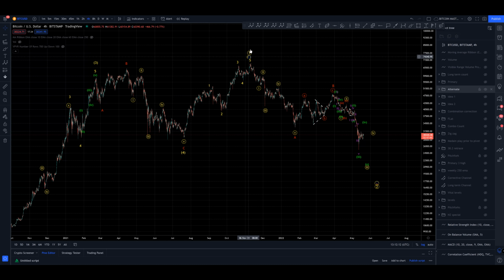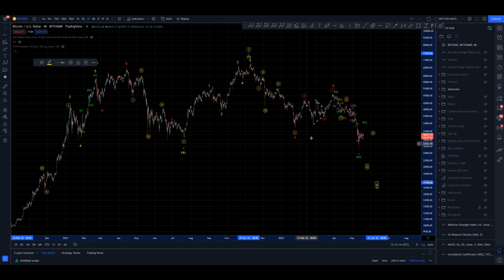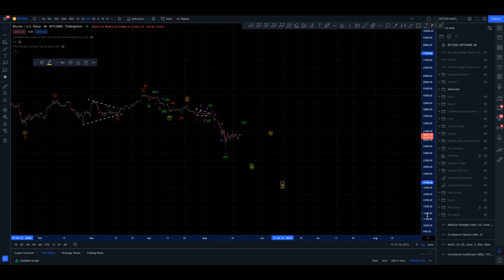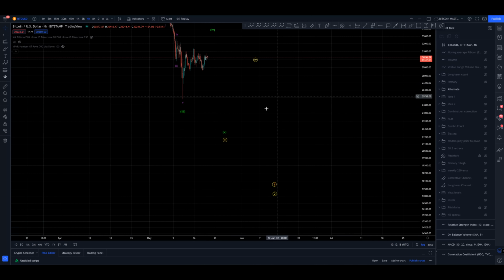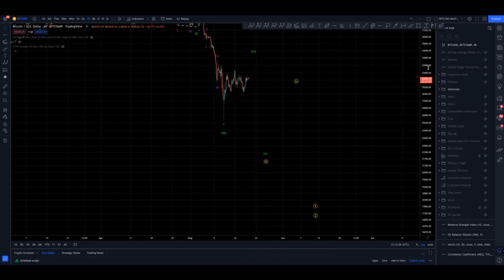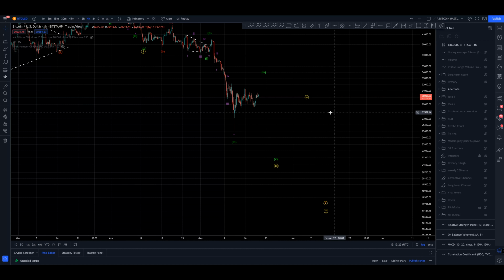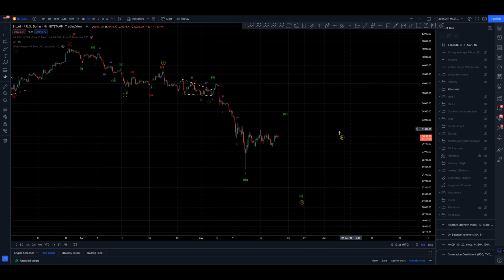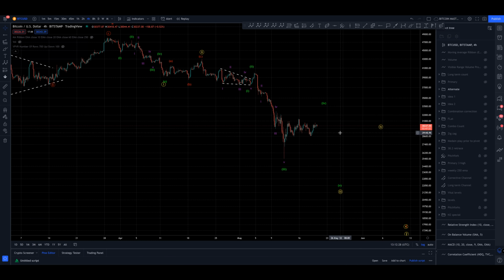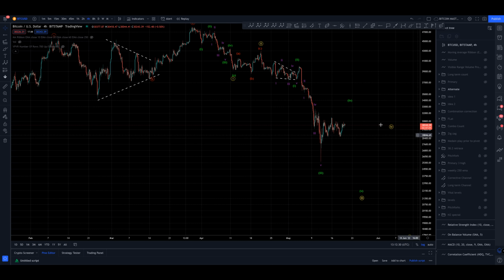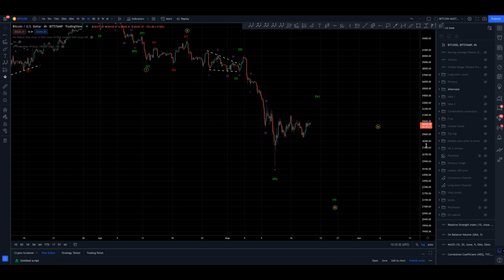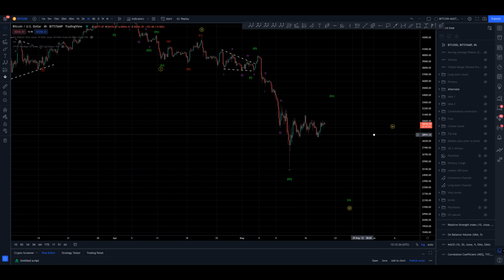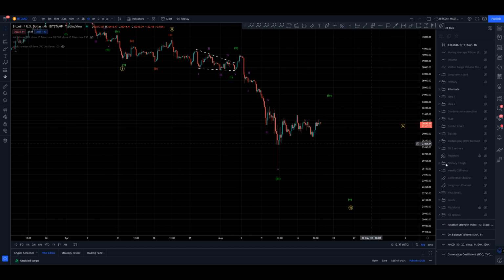This was 5 waves into a 5, into a 1, and now we're doing an ABC, and we're collapsing down in a giant zigzag, which could bring price down as low as 10 grand, and anywhere between that and 20. You know, it's just one of those things where there's no way of knowing until we get a larger wave 3 complete in order to project it, right? But it could be nasty as hell if this alternate is correct, and it's not the primary count.